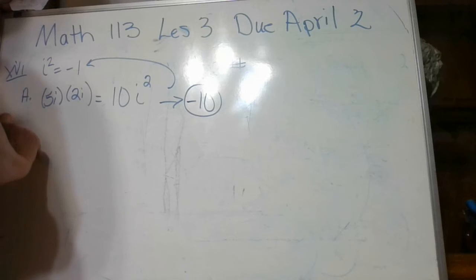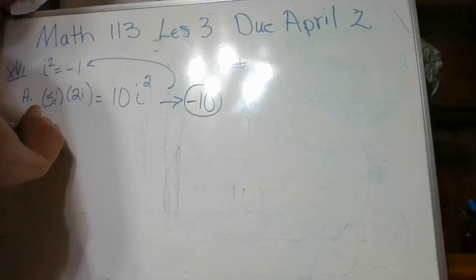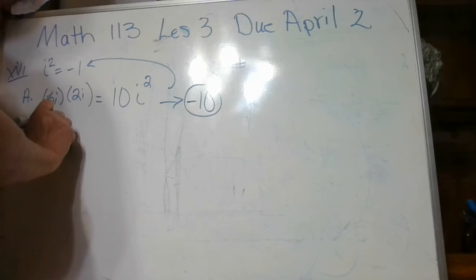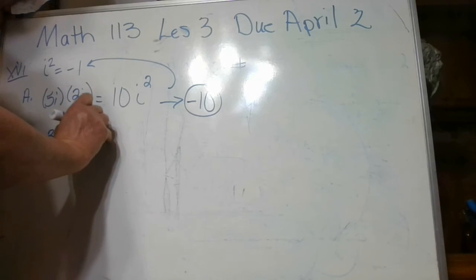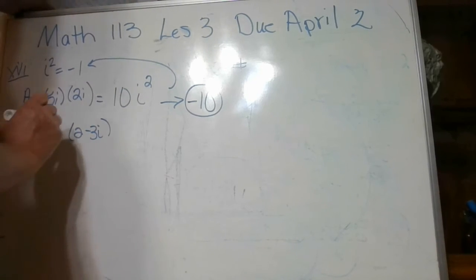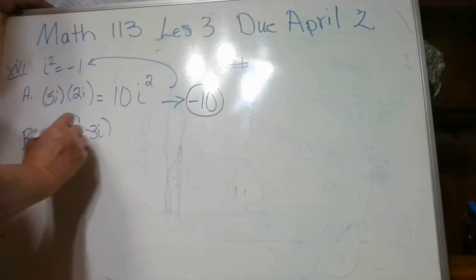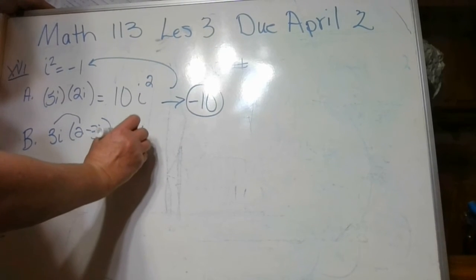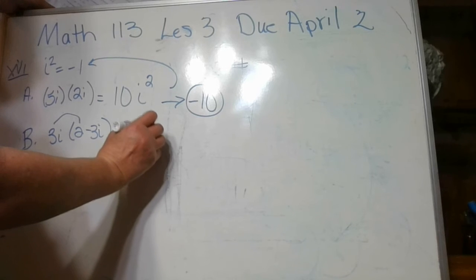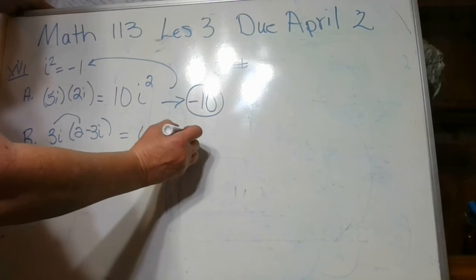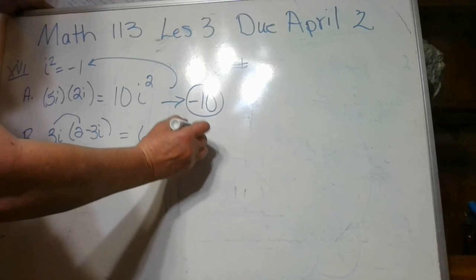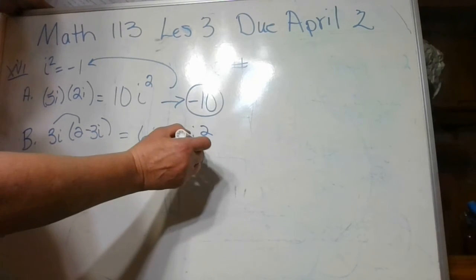On example B, I have 3i times 2 subtract 3i. I'm going to distribute here, and 3 times 2 is 6i, and 3i times a -3i will be a -9i squared.